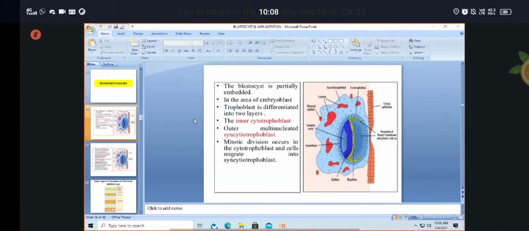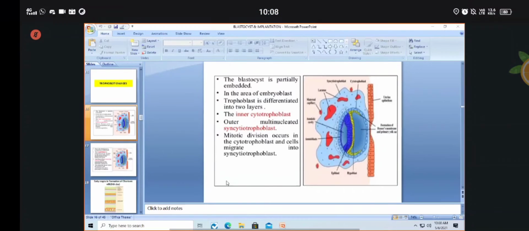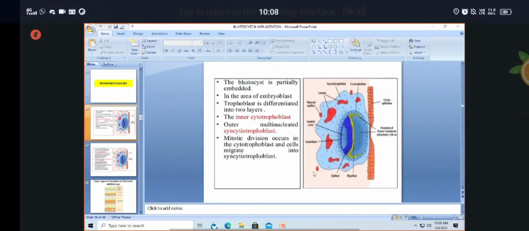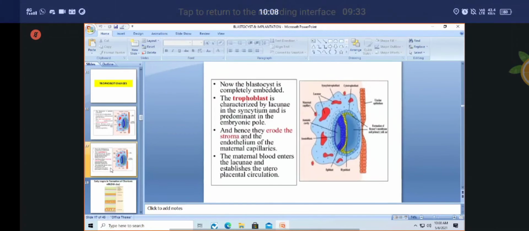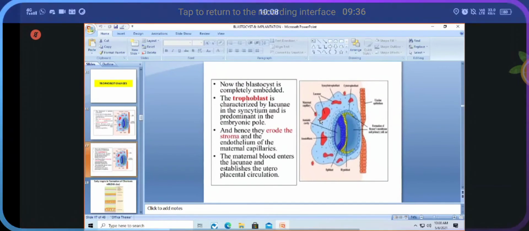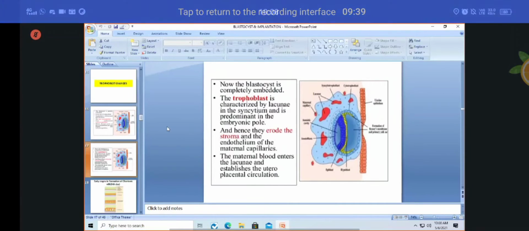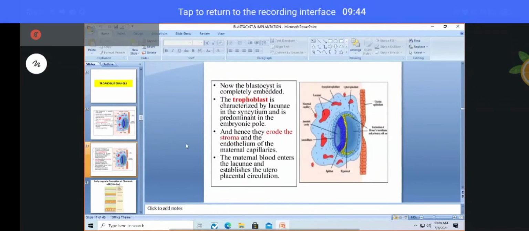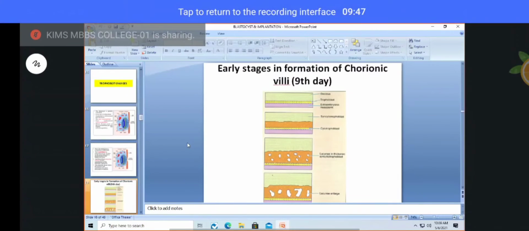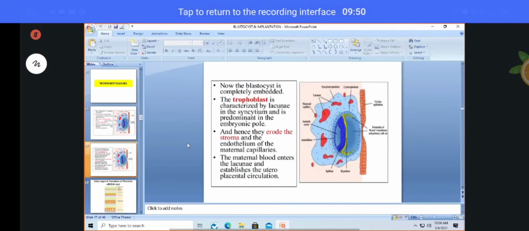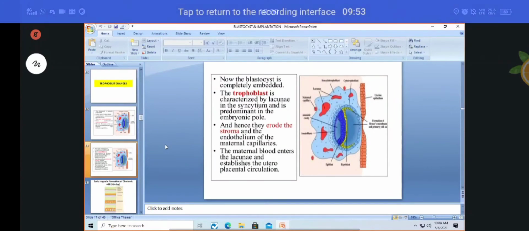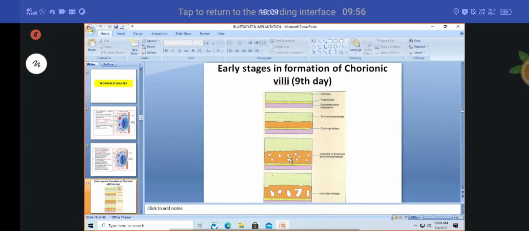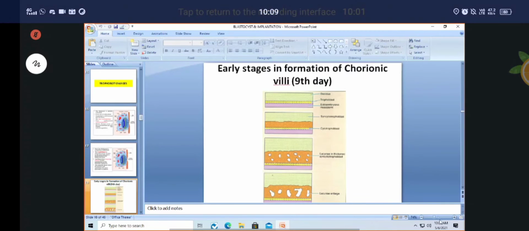They are called lacunae. These small lacunar spaces unite to form bigger lacunar spaces, and these lacunar spaces invade the decidua, they go upwards towards the decidua.